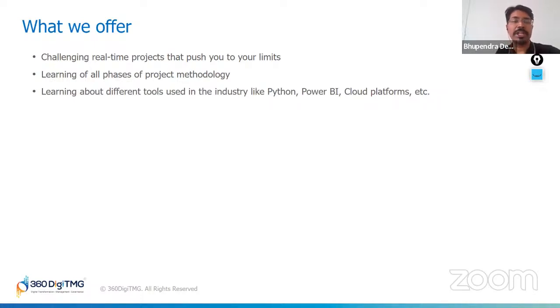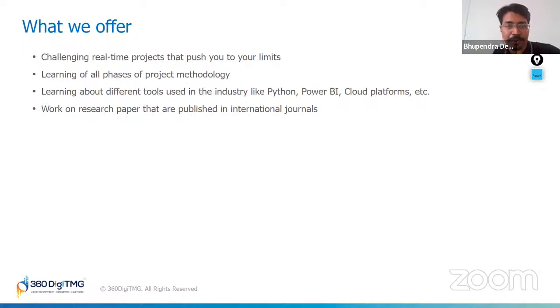Our students learn about different tools used in the industry like Python, Power BI, cloud platforms, etc. Doesn't matter if it's AWS, GCP, or Azure, our students learn it all. Also, they work on research papers that are published in international journals. We talked about one, right? The top three people in one project get their research papers published. And yes, research papers are getting published since we are offering real-time projects.